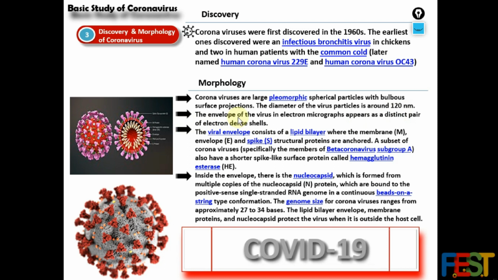The envelope of the virus in electron microscope appears as a distinct pair of electron-dense shells. The viral envelope consists of a lipid bilayer where the membrane M, envelope denoted by E, and spike denoted by S structural proteins are anchored.